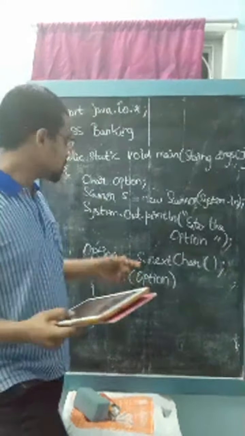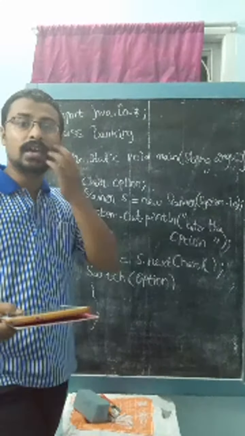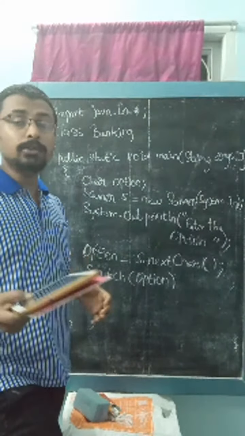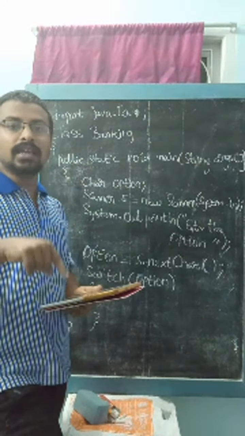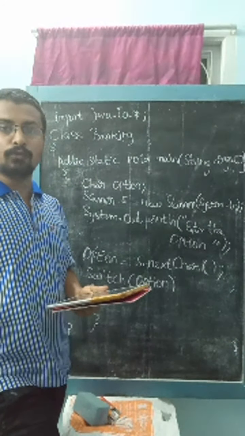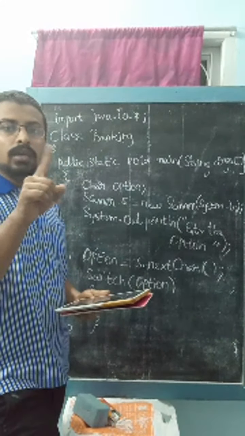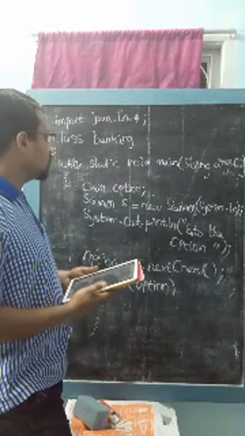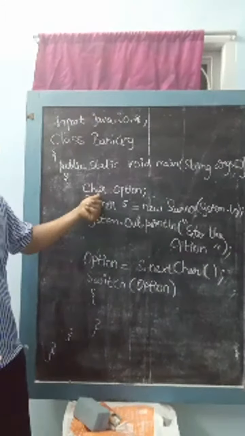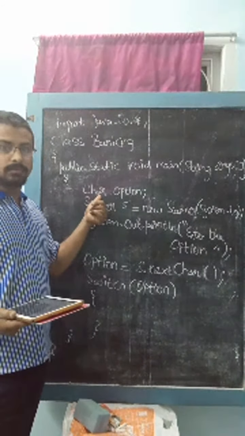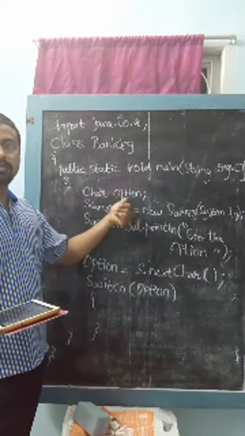What is the next? I'm just telling the example assignment to you. You have to use 7 cases and the 8th case is default. You just make it integer option.